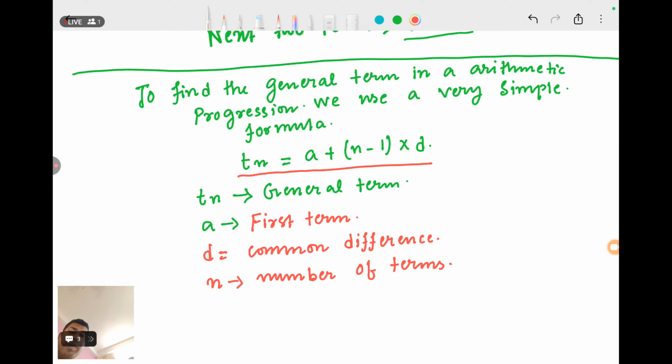So here I have written a general formula for an arithmetic progression, and it is a very simple formula. tn is the general term which we are finding, a is the first term, d is the common difference, and n is the number of terms.